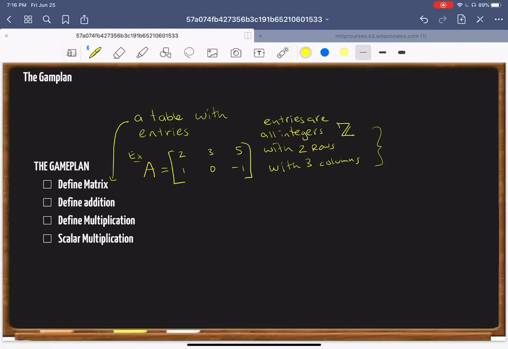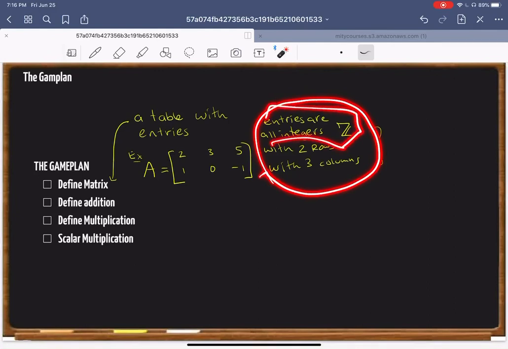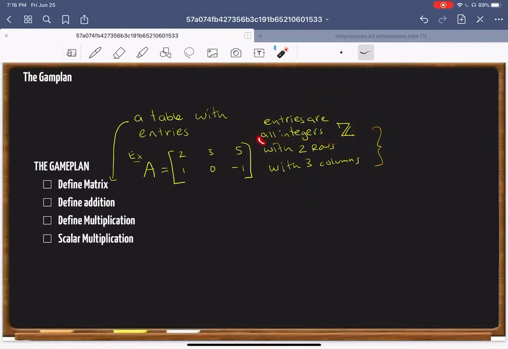A fancy way to encapsulate all of this, the fact that it's got integer entries, it's got 2 rows, and it's got 3 columns, and the fact that it's a matrix, is to say something like this. A is an element of the family of matrices that are 2 by 3, meaning they have 2 rows and 3 columns.